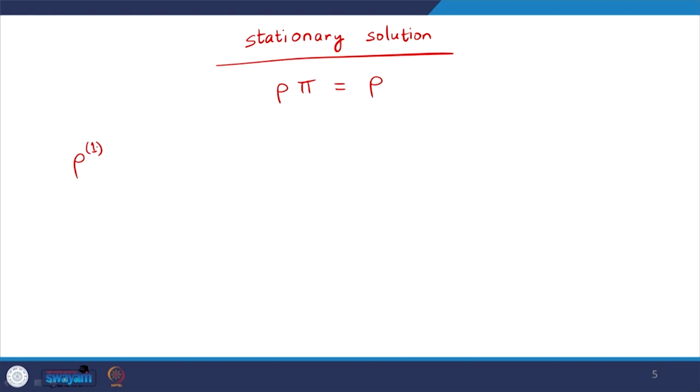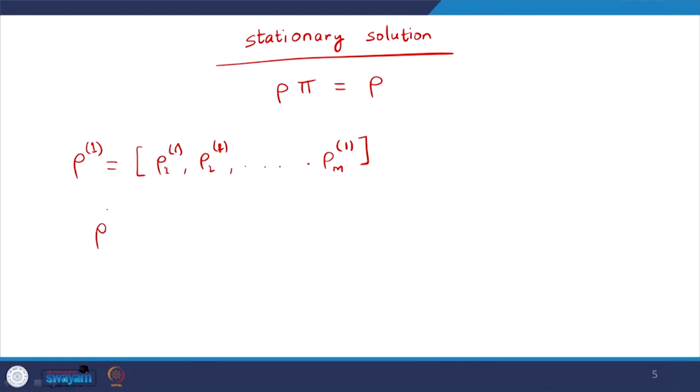So, if I start from there, I have some value of the probability density for all the states that I am considering, and this is some sort of an initial distribution of the system among various states, and many of the probabilities can even be 0 if there is no system in that particular state.